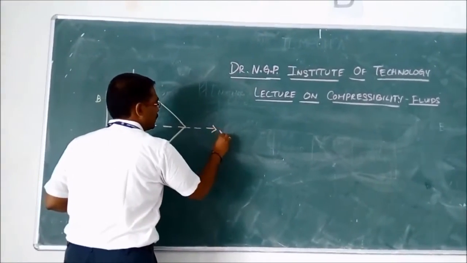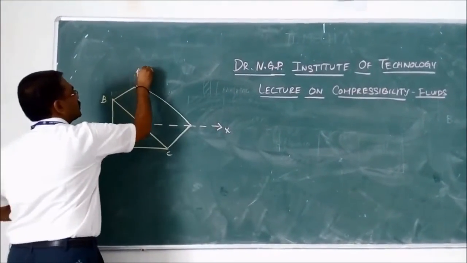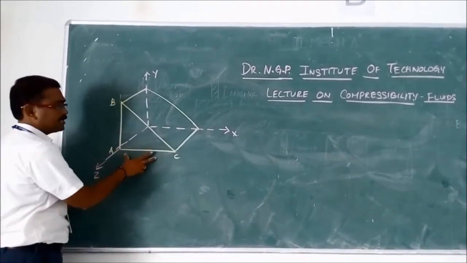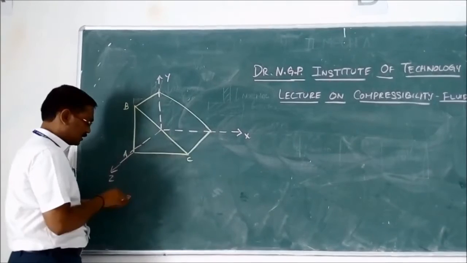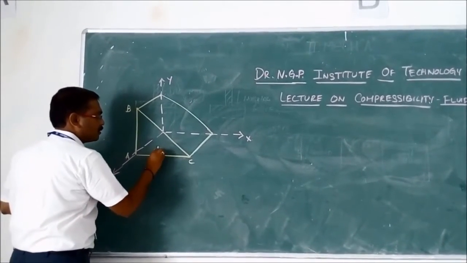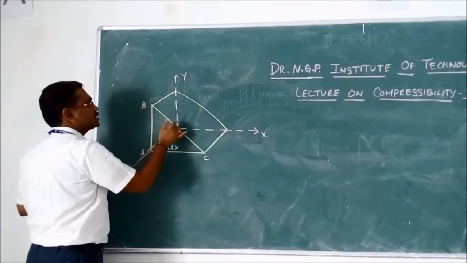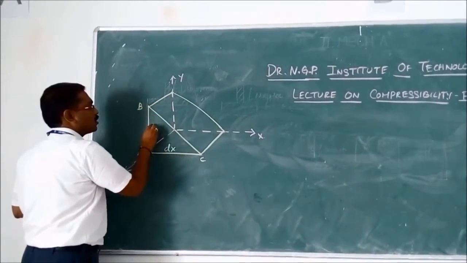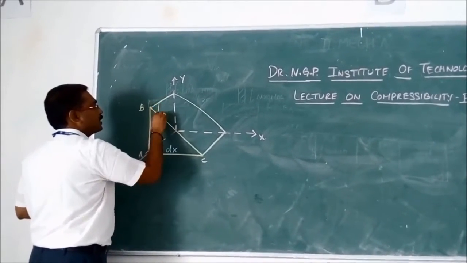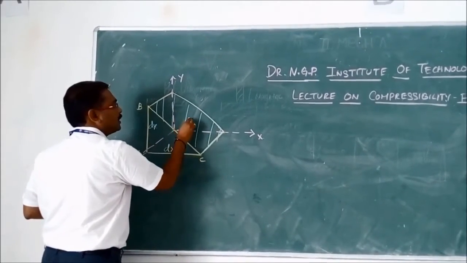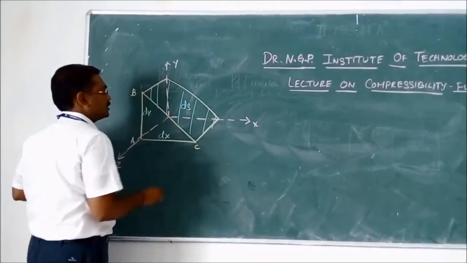This is my X, this is my Y, this is my Z. The face AC, which is parallel to X, is called dx, the face AB, which is parallel to Y, is called dy, and this inclined face is called ds.